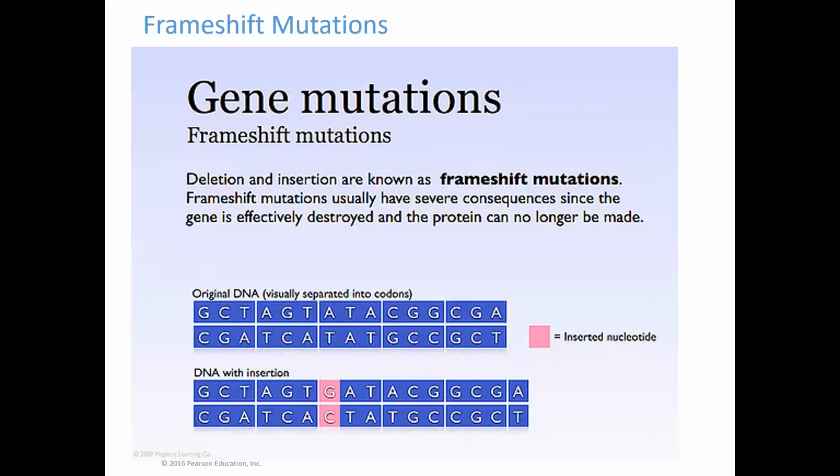Frame shift mutations are even worse. Substitution mutations can happen all the time. Because there's so much redundancy in the coding for the amino acids, many of the amino acids have 6 different combinations, and many have 4 different combinations of codons.